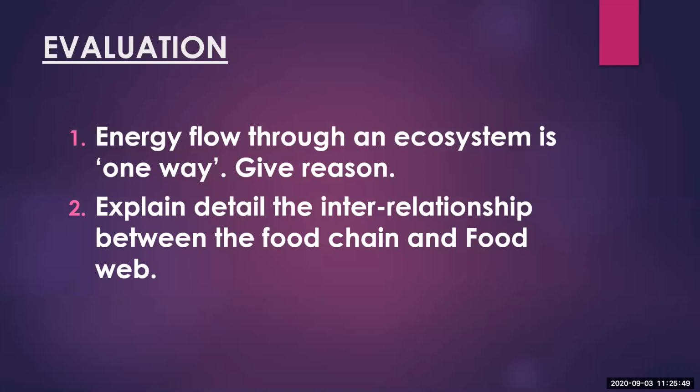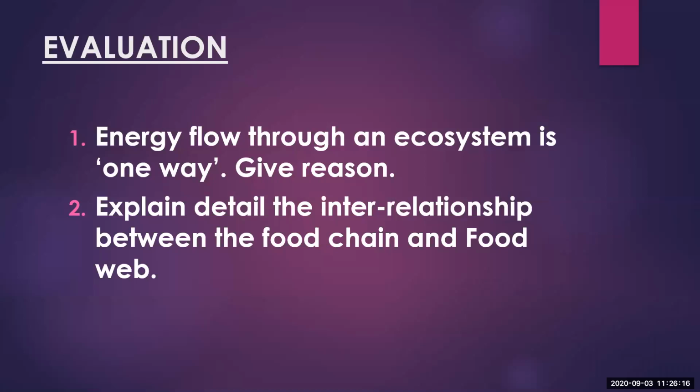Second question is: explain in detail the interrelation between the food chain and the food web. You have already seen the food chain is a linear arrangement of organisms which depend on each other for their food or nutrition, and a food web is when many food chains are interlinked or interconnected with each other to form a web-like structure.